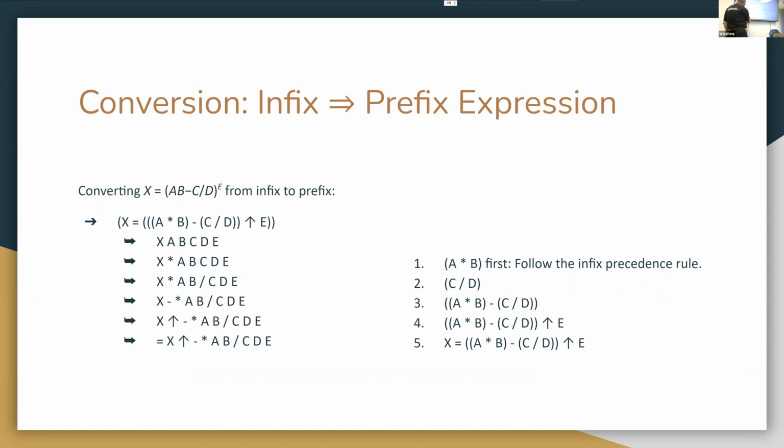And then you evaluate that, and now this becomes one operand, this is one operand, and the operator is the assignment. So that whole expression gets assigned to X. So this is how you convert from an infix expression to prefix. These are the kind of problems we need to solve when we go into ACSL.